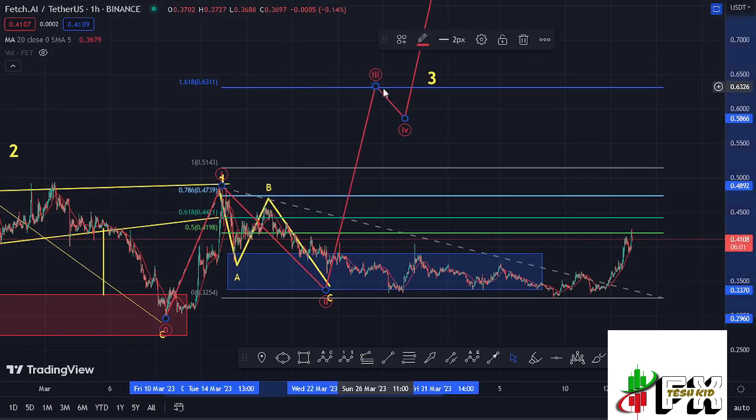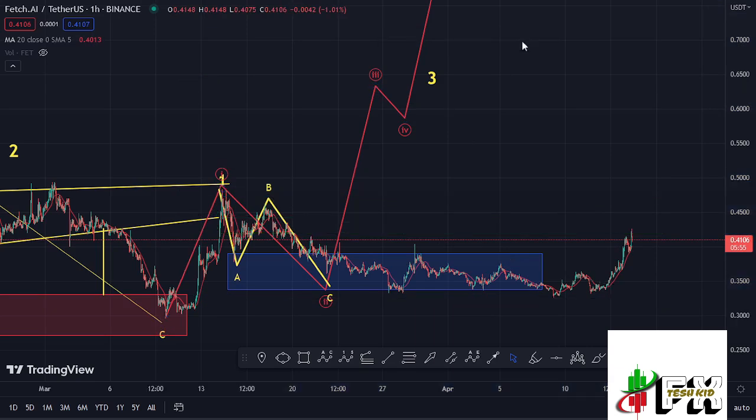And that is the minimum that we can expect that wave 3 to the upside to do. And for that move to also play out, we need to watch the wave 1 high, which lies at around the $0.4842 mark, because a break above that high will trigger even higher prices to help us continue gearing up until we fully maximize our minimum target areas in the formation of that wave 3.